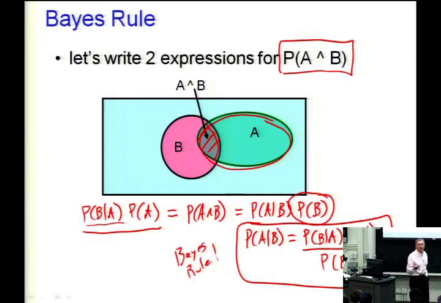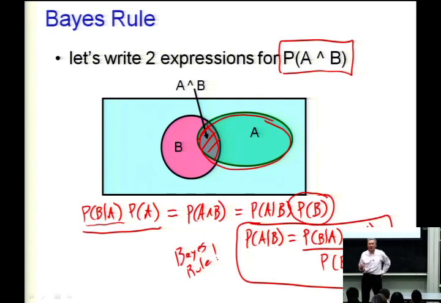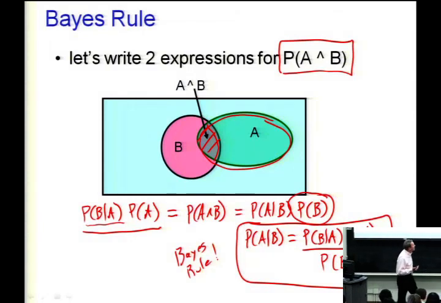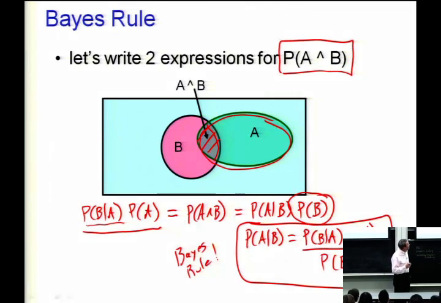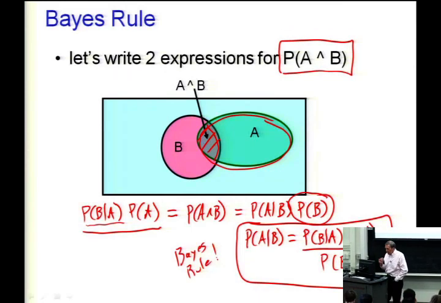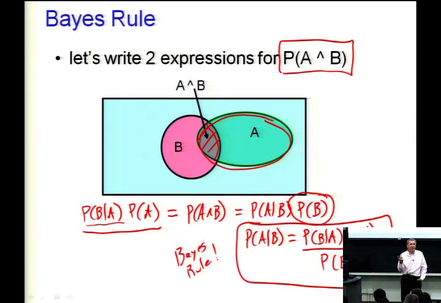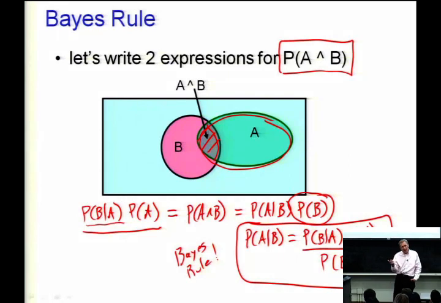So, in fact, it follows very directly from very simple analysis here. And it's incredibly important because it tells us how we can compute conditional probabilities in terms of other terms that might be more accessible to us. And in fact, we'll see this week that we'll be able to train machine learning programs that, instead of learning deterministic functions from x to y like we talked about last week, generalize to learning conditional distributions.